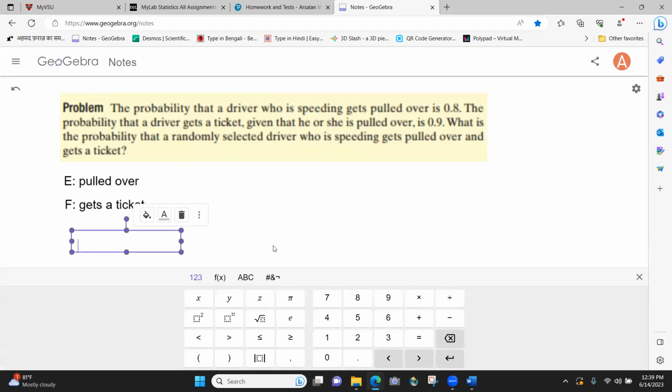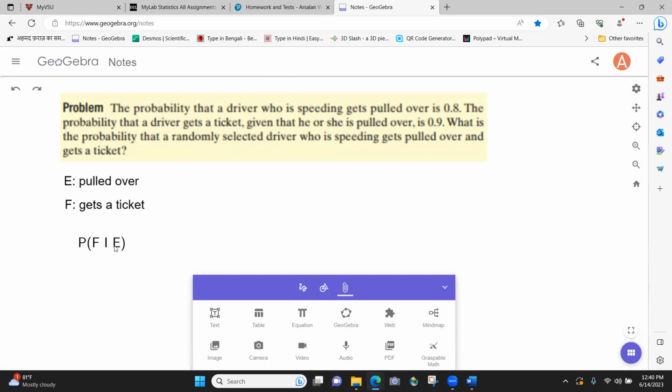So basically, I'm writing P of F given E. Again, they won't let me change it, but this is not phi.